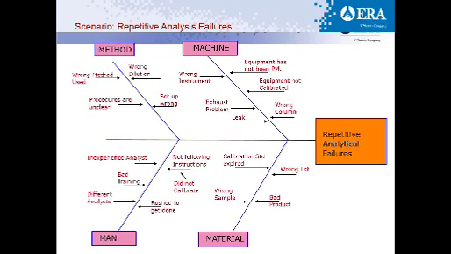The thing I want to point out with the fishbone is that what you're looking at right now is very high level. If you look under man, you'll see not following instructions. And down below, you'll see an arrow coming up that says did not calibrate. This is where you can actually start using your 5 whys to help get to the root cause, even with your 4M fishbone analysis.